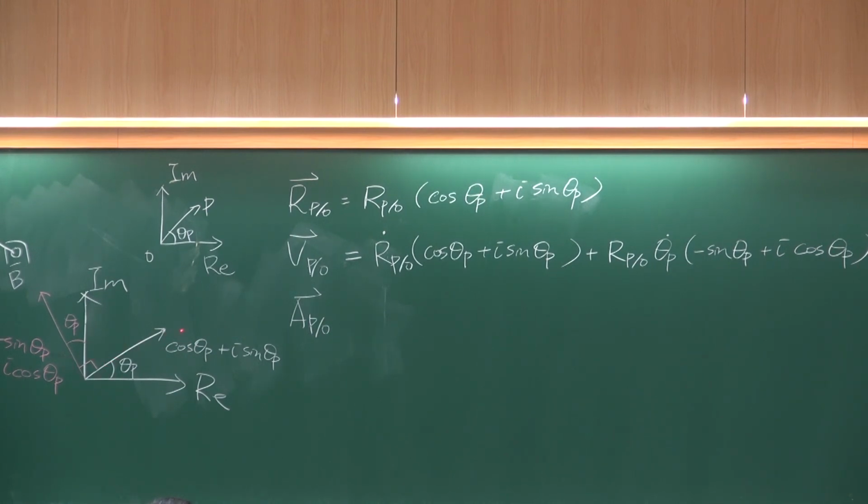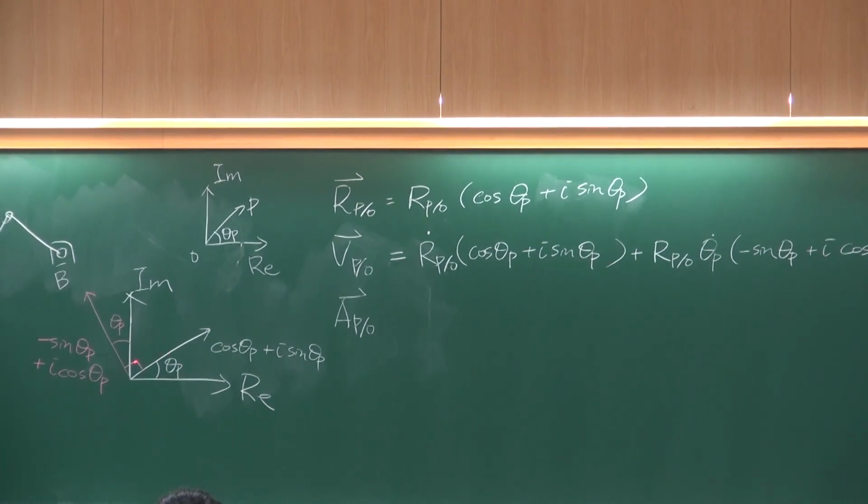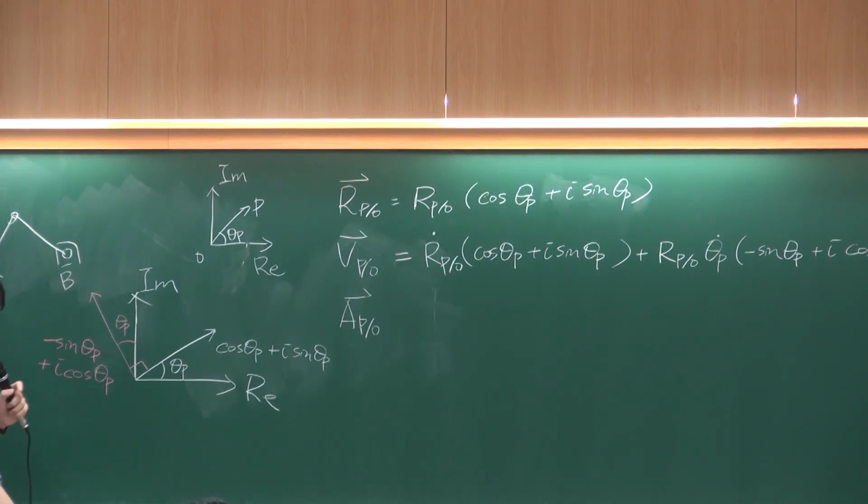So if cosine theta p plus I sine theta p is in this direction, this minus sine theta p plus I cosine theta p will be in this direction, and they are perpendicular. Any question for this one?